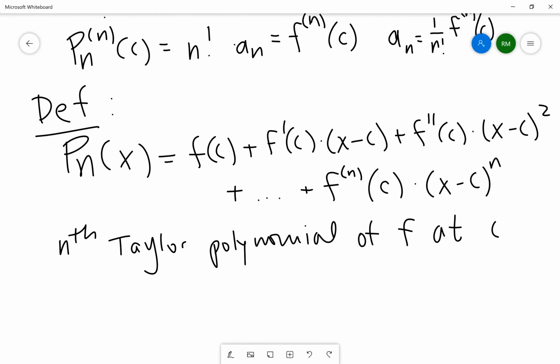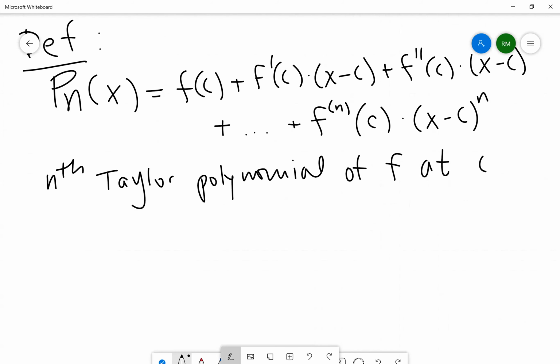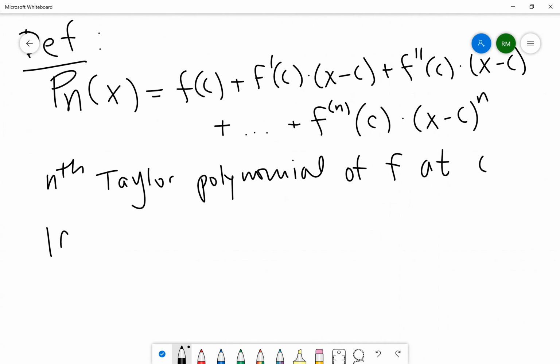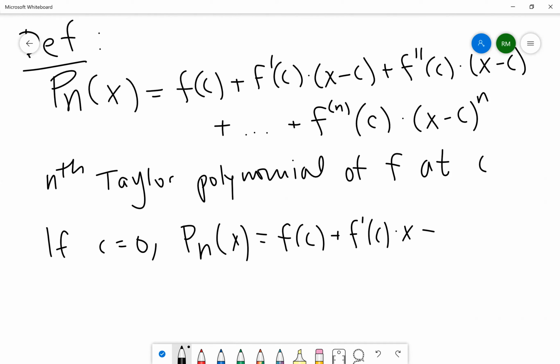And there's a special one for c equals 0, and we call this the nth Maclaurin polynomial.